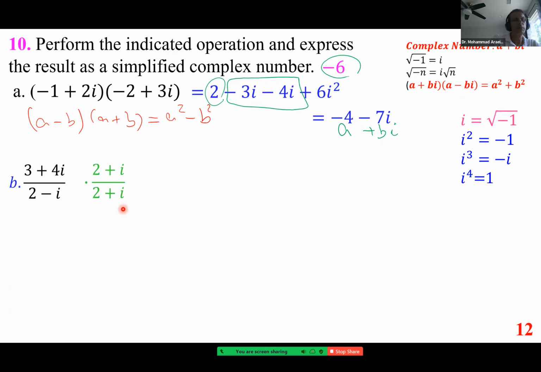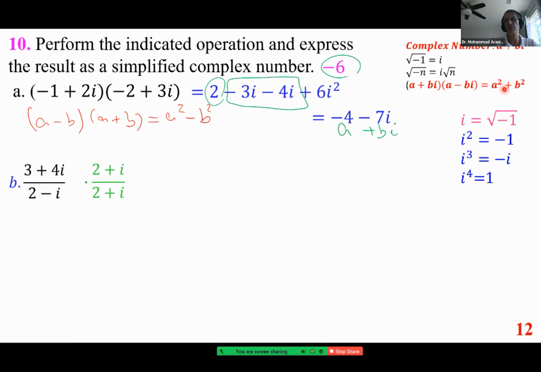And so for the multiplication of the top, we just distribute, we FOIL, if you will. So 3 and 2, that's 6, 3i, 8i, 4i squared, and the denominator is 2 squared plus 1 squared.